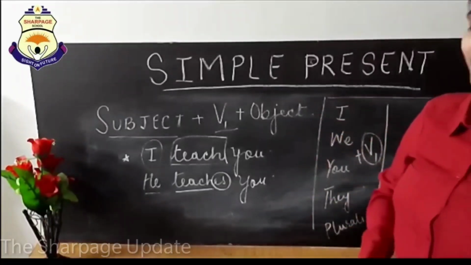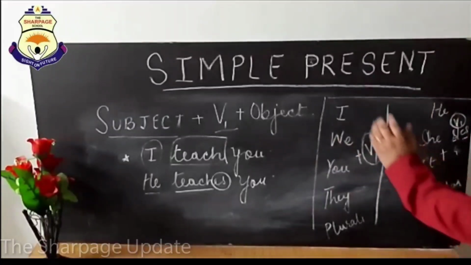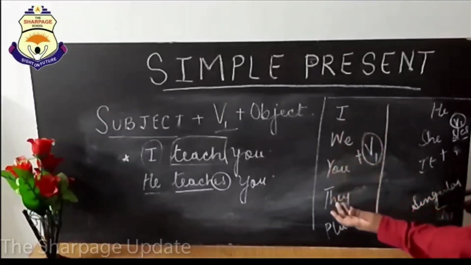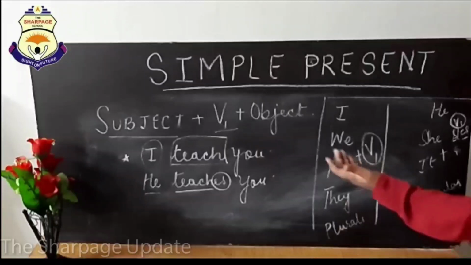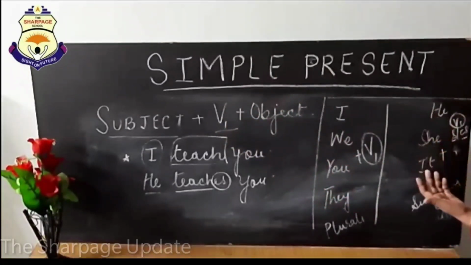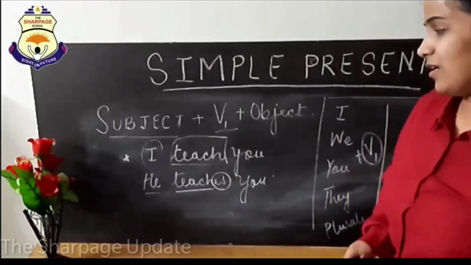You must be thinking why I have divided these subjects into two parts. Because if the subjects are I, we, you, they, and plurals, we have to add the first form of the verb. But if there is he, she, it, or a singular subject, then we have to add s or es with the first form of the verb.